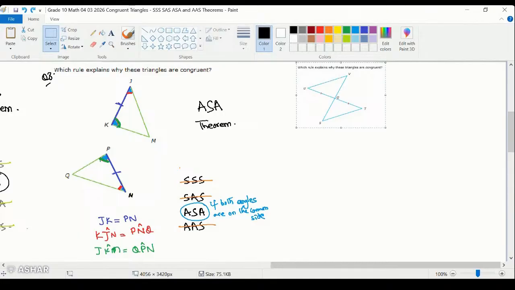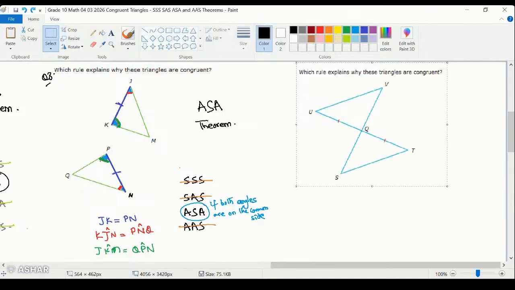In question number 9, the length of this and this is given to us. QU is equals to QT. One length is given to us, right?